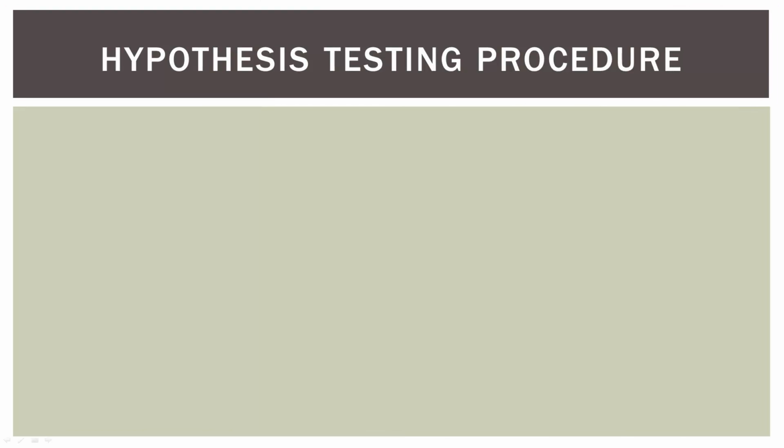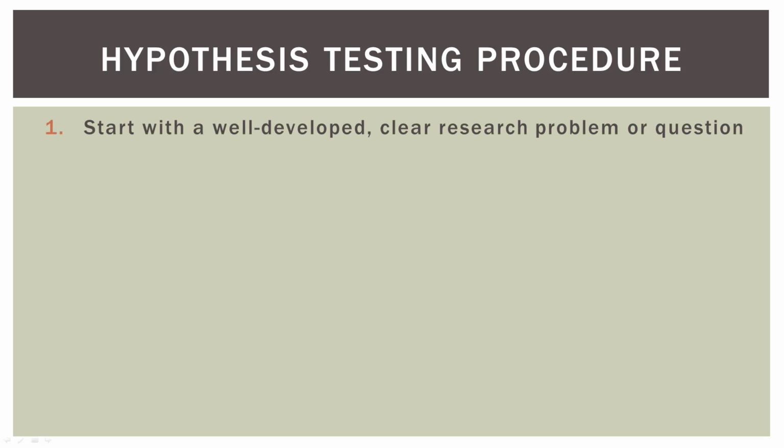Okay, so that wraps up our two examples on single sample t-tests and the t-distribution. So just a reminder of the process so you can do it correctly. Always start with a well-developed, clear research problem or question. No fancy stats will solve a bad research problem. So always hone in, always clarify your problem before you start.